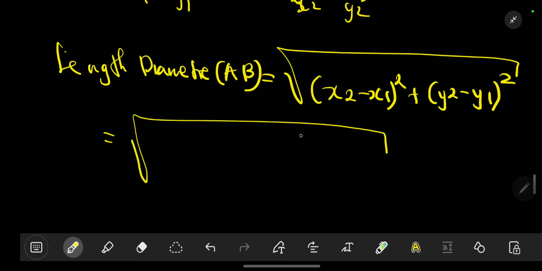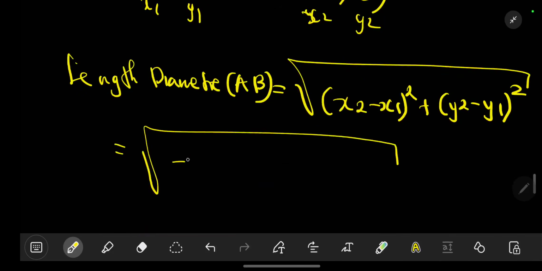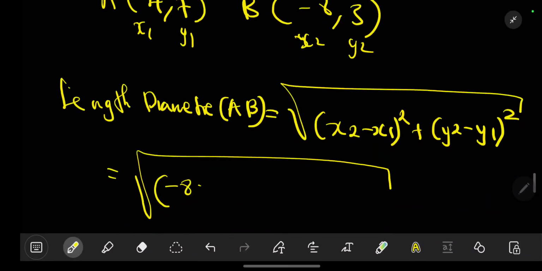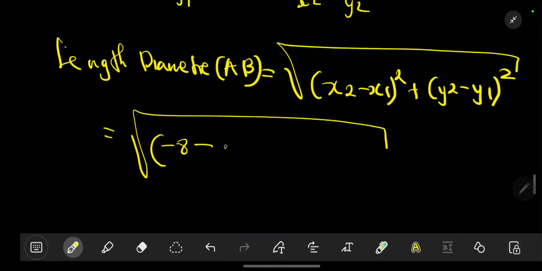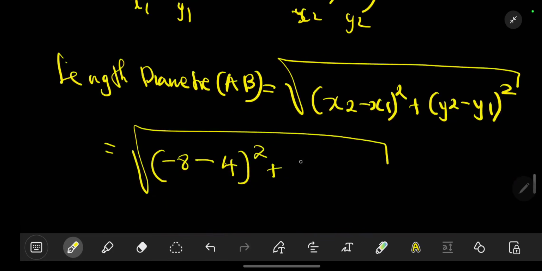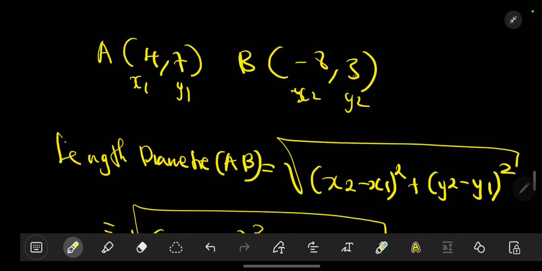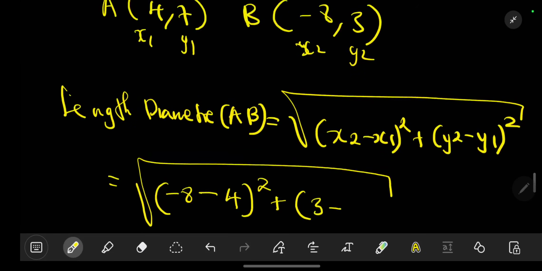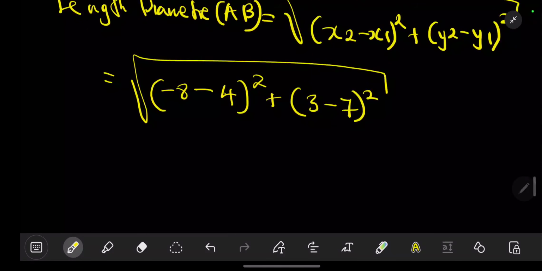Our x2 is negative 8, minus our x1 which is 4. We square them. Then plus our y2, which is 3, minus our y1, which is 7, squared like that.